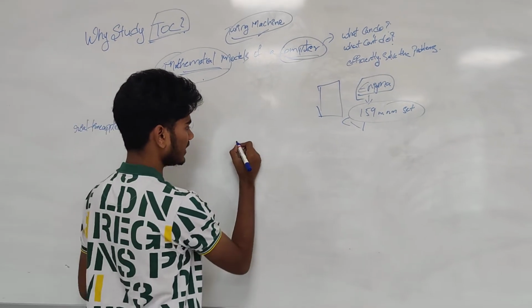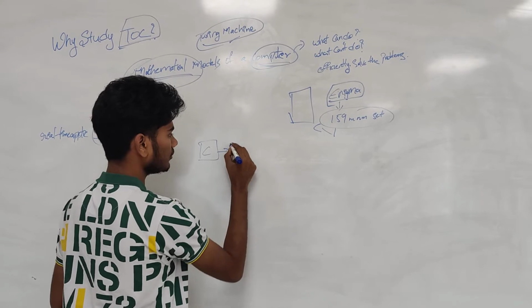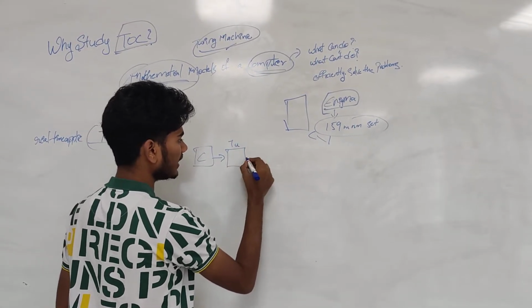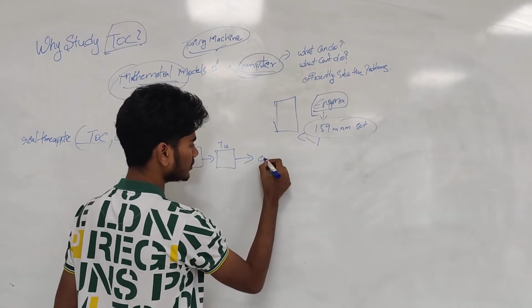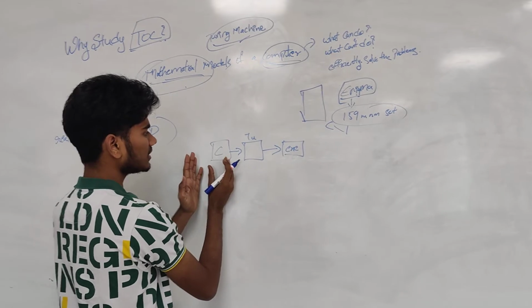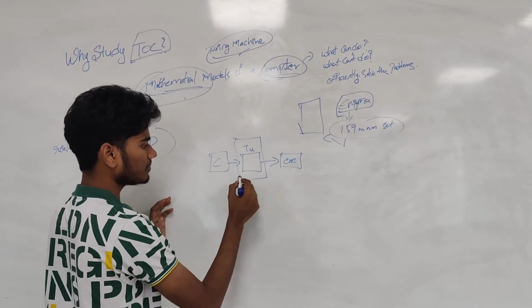See, suppose we have written a C program and we need to compile it. So we use a compiler like Turbo C or anything, and this gives the executable file. So how is this converted? Here the compiler plays a major role.